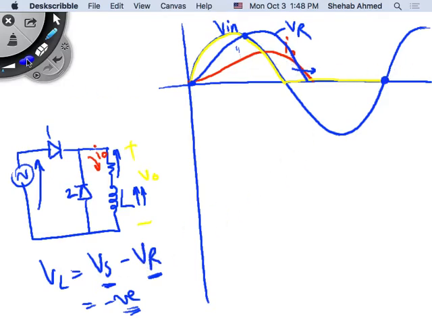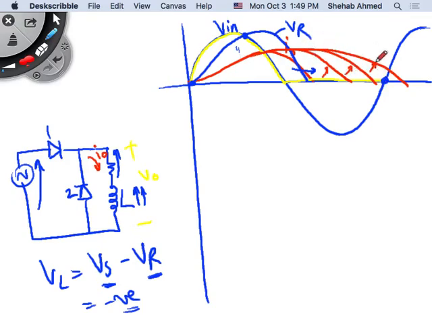Let's keep pushing this thing to the right. For example, if I keep pushing it, this is another value for another shape the current can take.